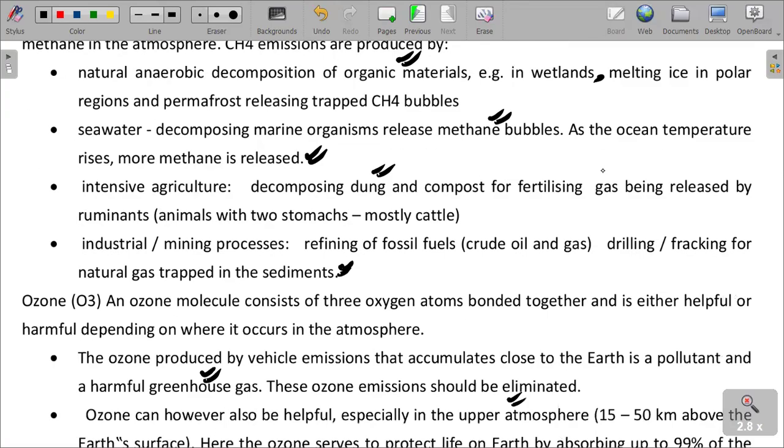And then seawater, decomposing marine organisms that are living in water, they also die, and they also result in the release of what? Of methane. So as ocean temperatures rise, the rate of decomposition and the release of methane also increases.